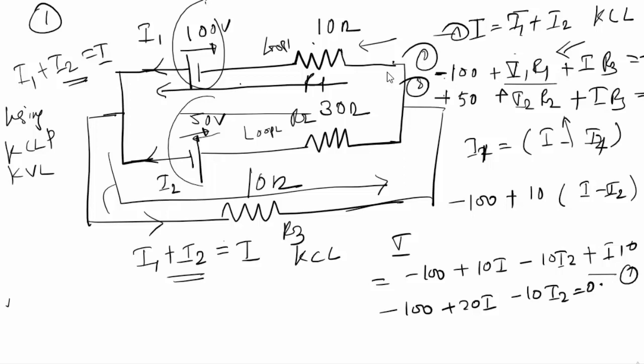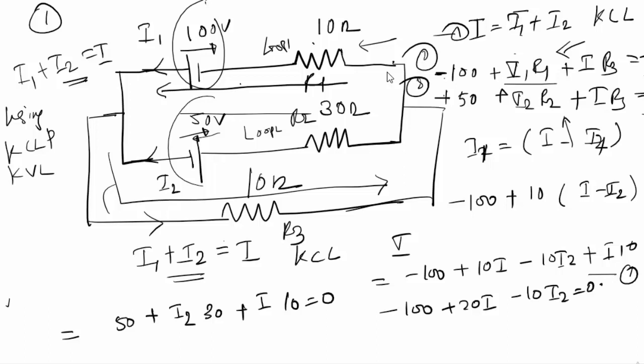And now again the first equation which I solved, and for the third equation, doing the same thing, I will get 50 plus I2 into 30 plus, again substituting the value of I, I into 10 equal to 0.